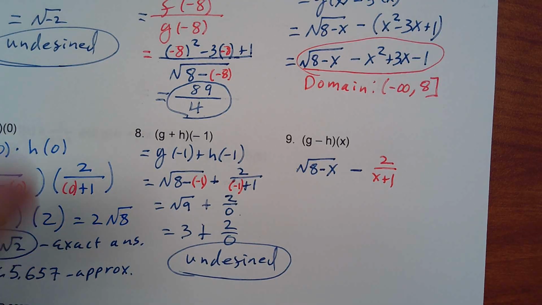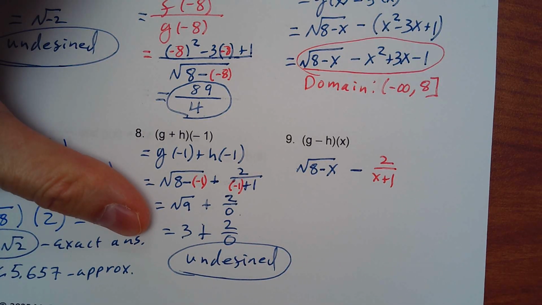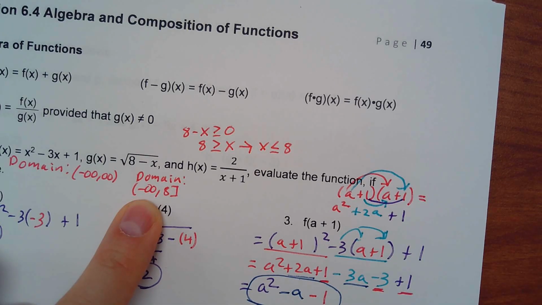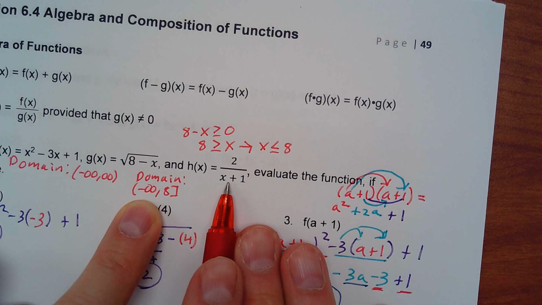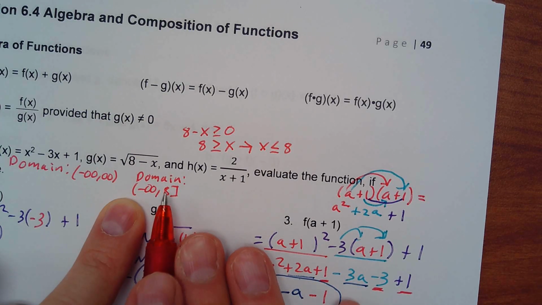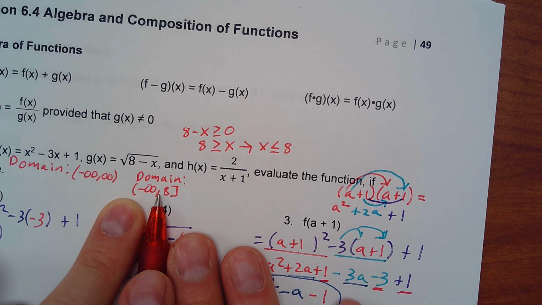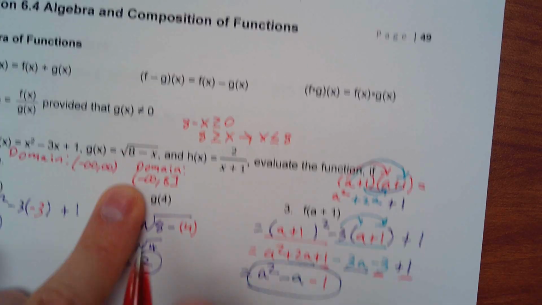In terms of our domain, the domain of g was this here. X cannot be equal to -1, so I have to remove -1 from here. So that's going to split this into two intervals.